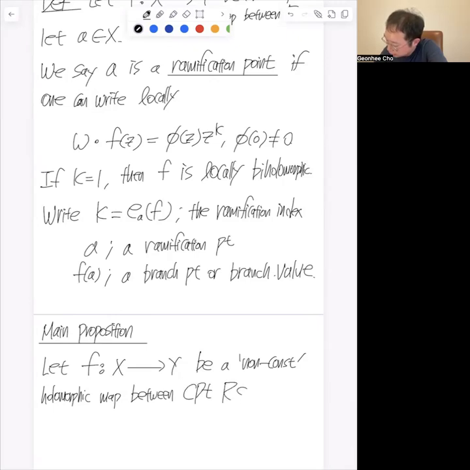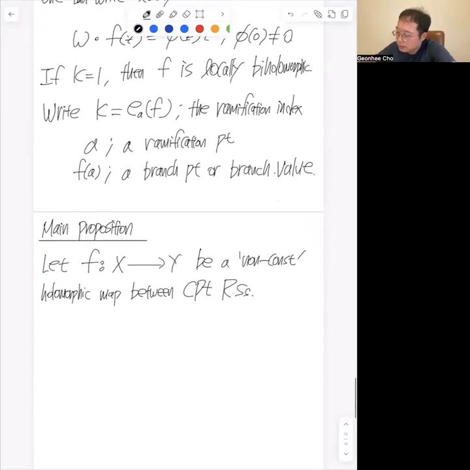The condition is quite simple. We require a non-constant, non-trivial map, and we just require X and Y to be compact Riemann surfaces. That's it. Then the following implications hold.